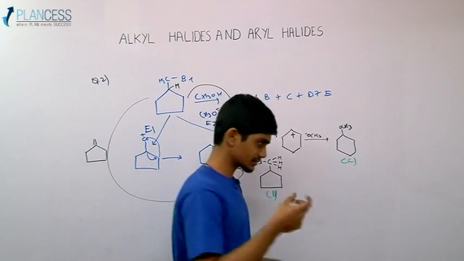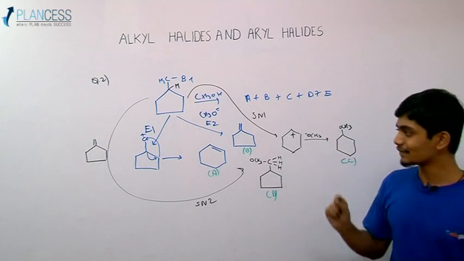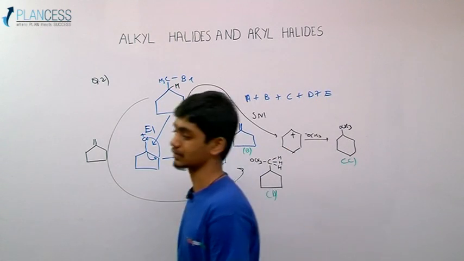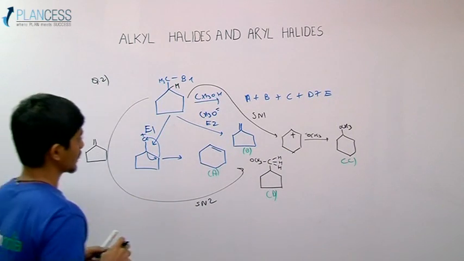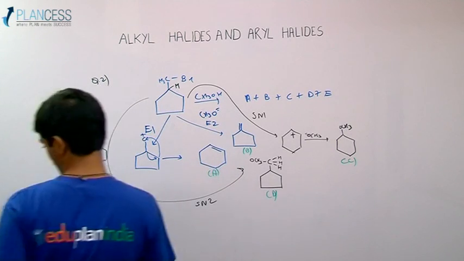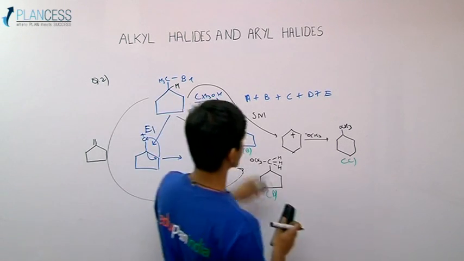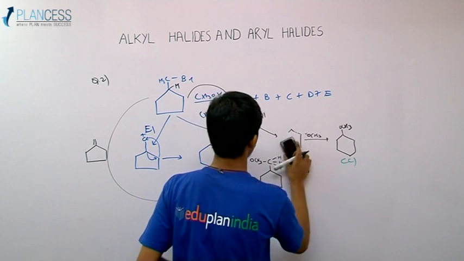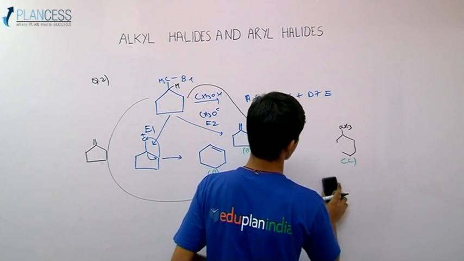But still, there is one place where you can get a different kind of product. Suppose in the SN1 case, you don't rearrange the carbocation like this, you rearrange the carbocation in this way.